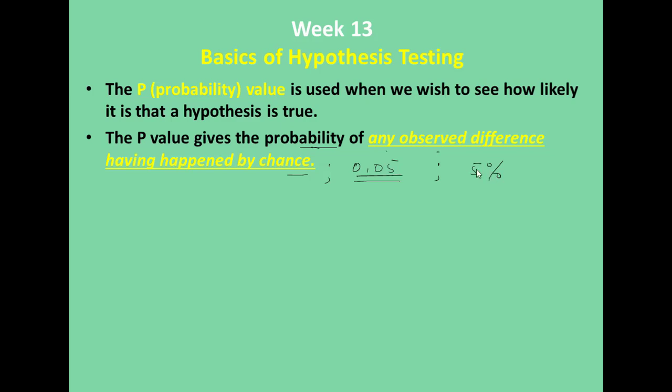However, if the p-value is low, less than 5%, we conclude that it's unlikely that what we are seeing happened by chance, which means that it is important. There is something behind what happened. It didn't happen by chance. The differences we are seeing are therefore important and significant.